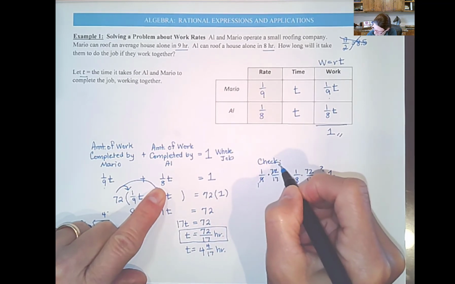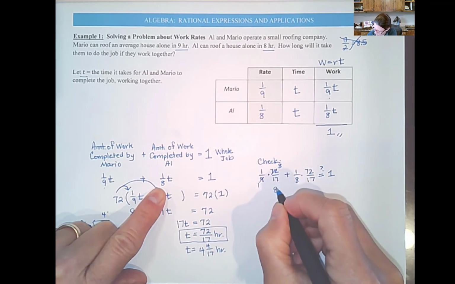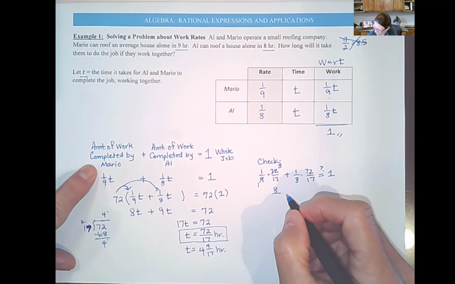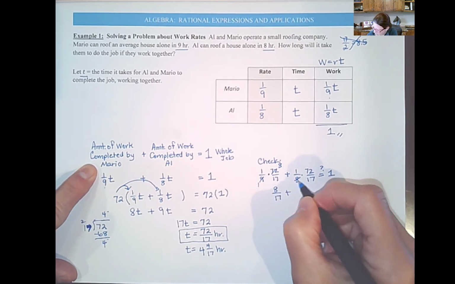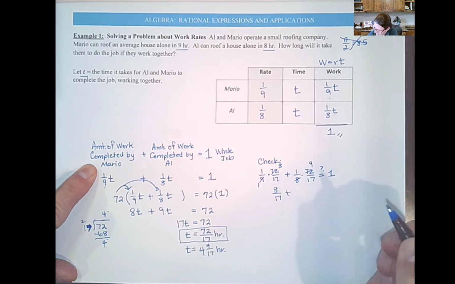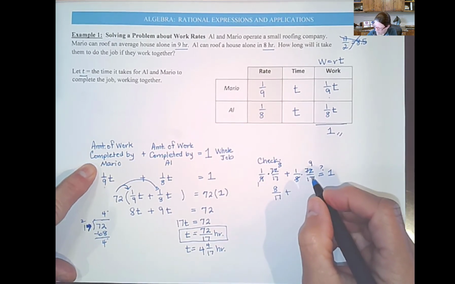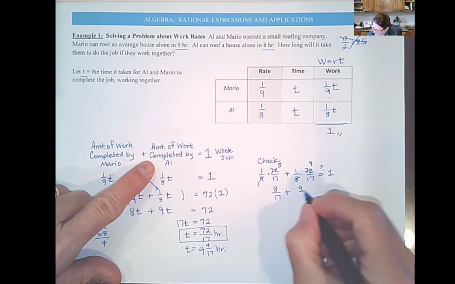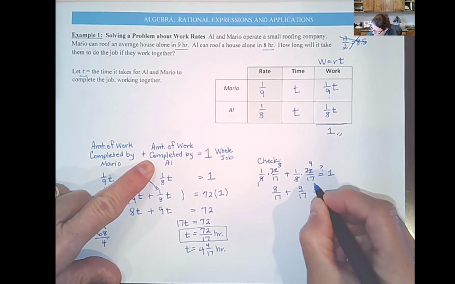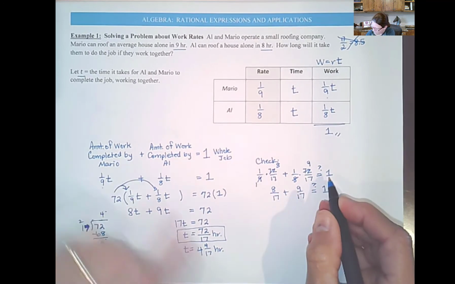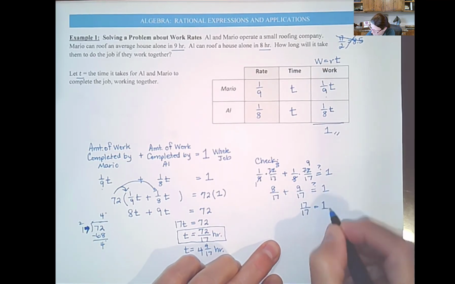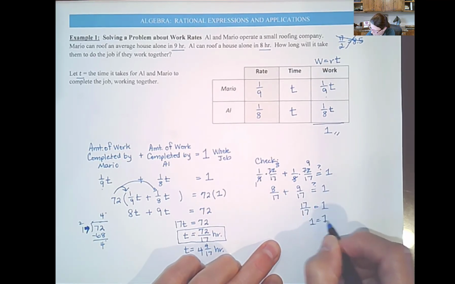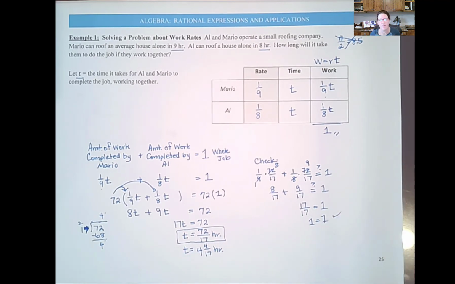Well, 9 divides into 72 8 times, so the amount of work completed by Mario is 8/17 of the job. 8 divides into 72 9 times. The amount of work completed by Al is 9/17 of the job. And adding in the numerator, we do get 17/17, which is 1 complete job. And this is going to check out just fine.